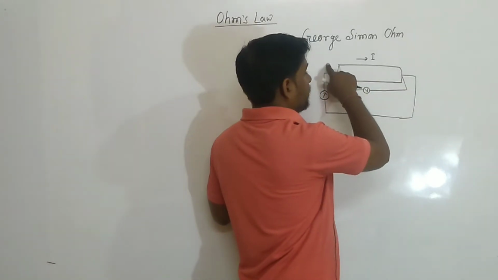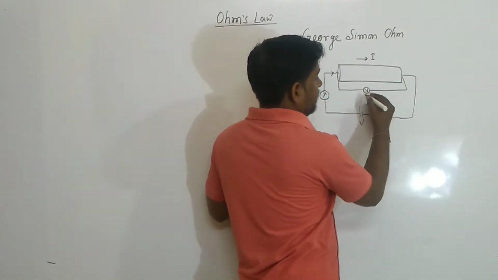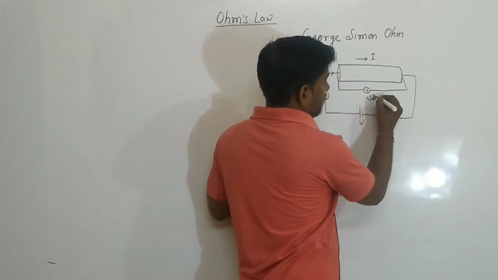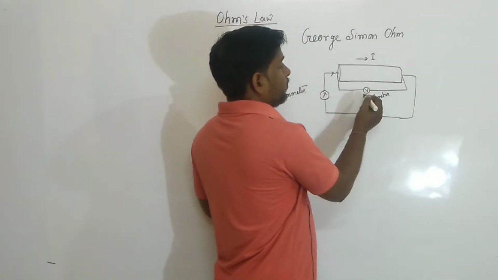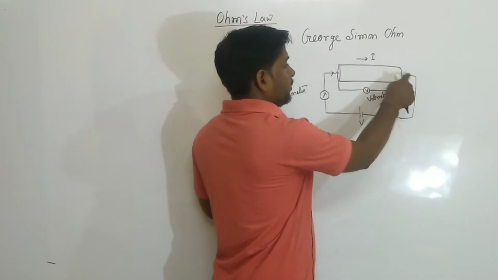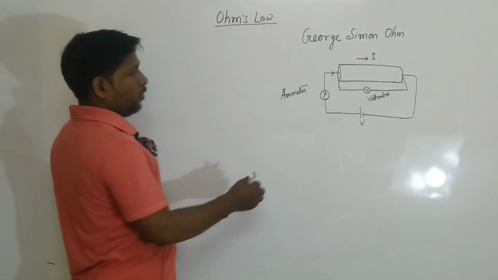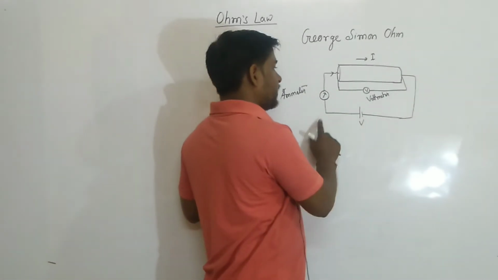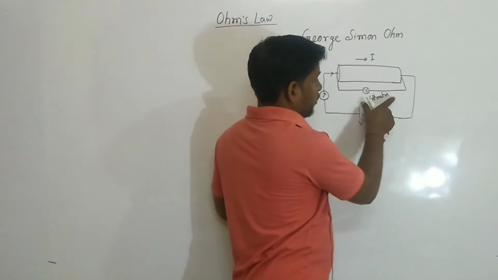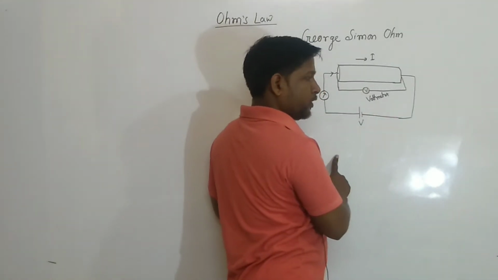So there is a higher and a lower potential, and when this voltmeter is used across these two ends, it will give you the measure of the potential difference between them. So Simon Ohm used an ammeter to measure the electric current, and also used a voltmeter across two ends of this conductor to measure the corresponding voltage.